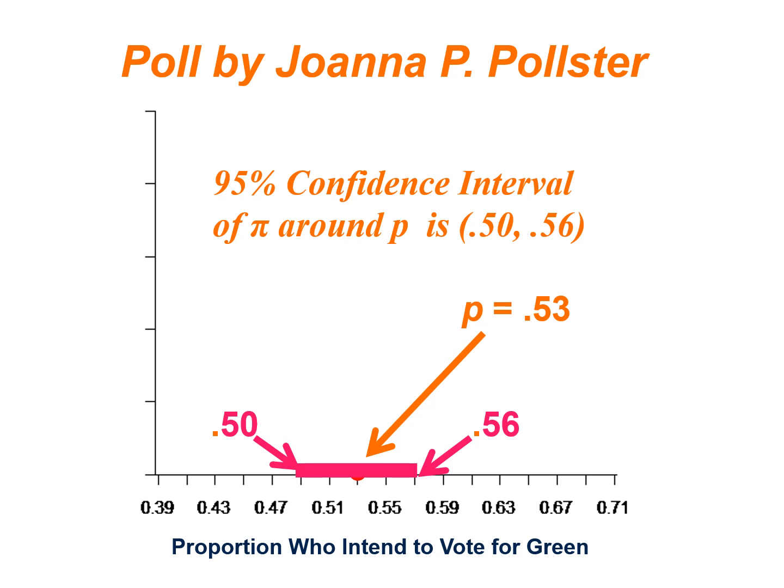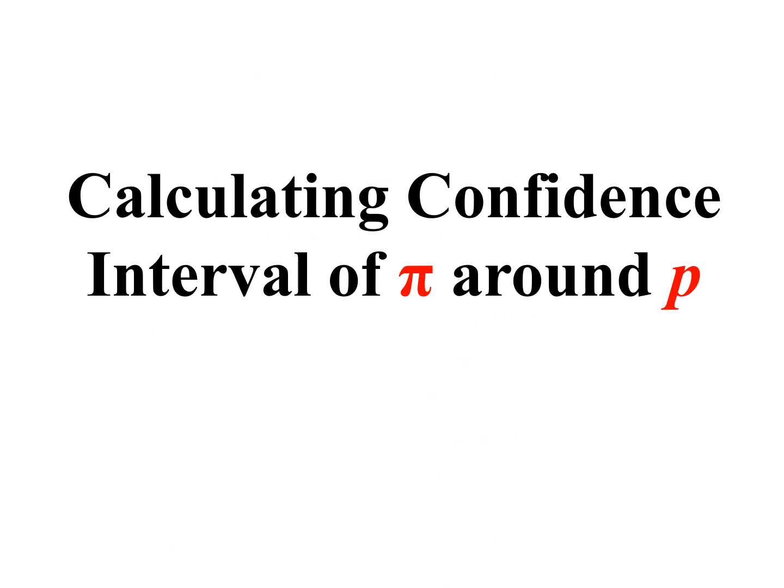So, Joanna can say that she is 95% confident that pi, the number of voters in the whole state who intend to vote for Green, lies between 50% and 56%. Now, in the last lecture, you also learned how to calculate the confidence interval for pi around p.